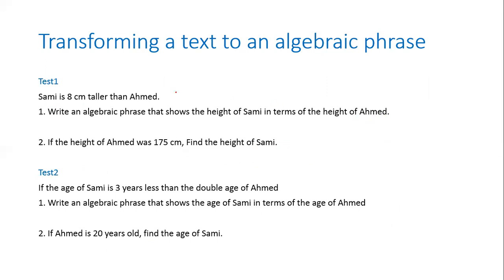So let's start by giving the height of Ahmed the value x. Since Sami is 8 centimeters taller than Ahmed, then the height of Sami will be x plus 8, since x is the height of Ahmed. So this is the height of Sami.